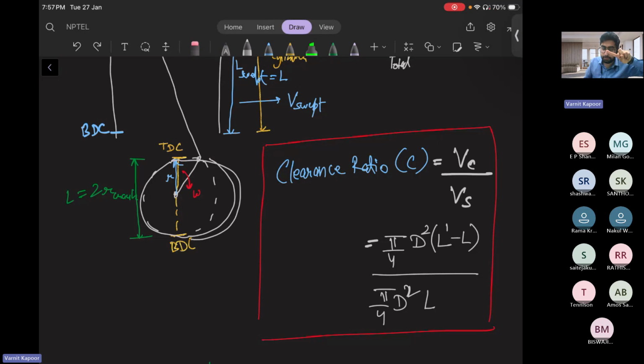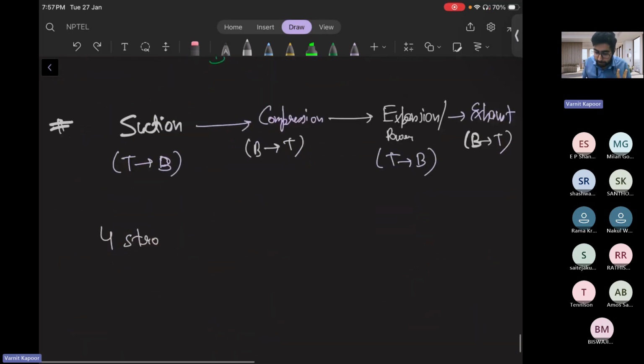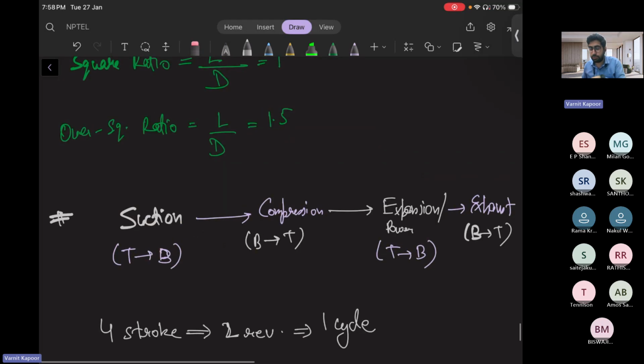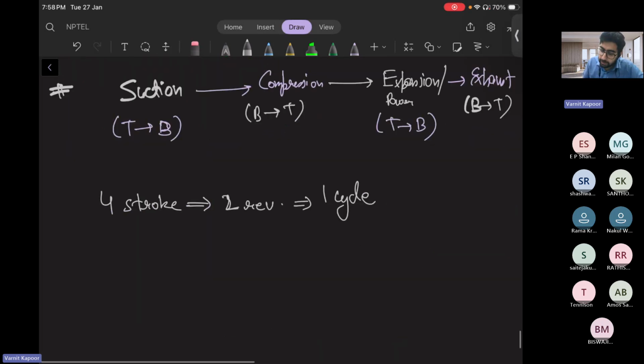Then again top to bottom and bottom to top, second revolution completed. Does it make sense? So 4 stroke means 2 revolutions, and that is 1 complete cycle, from suction to exhaust.